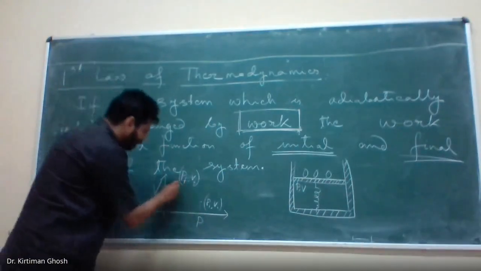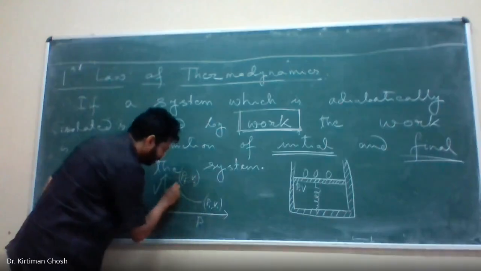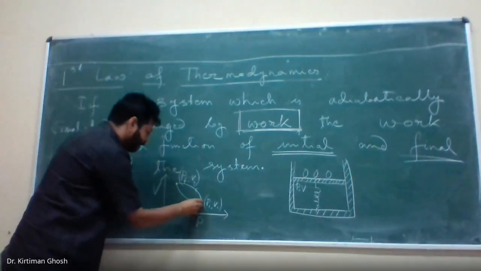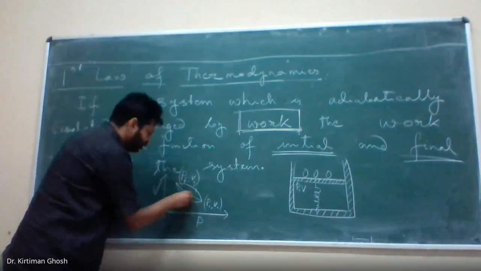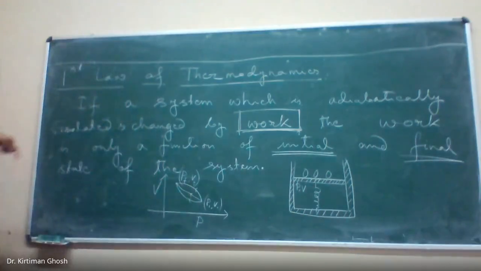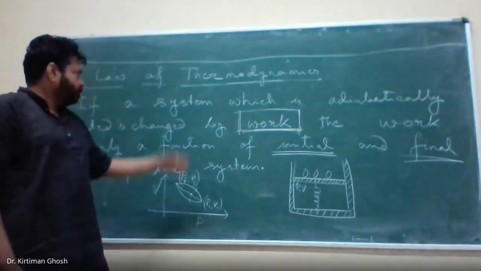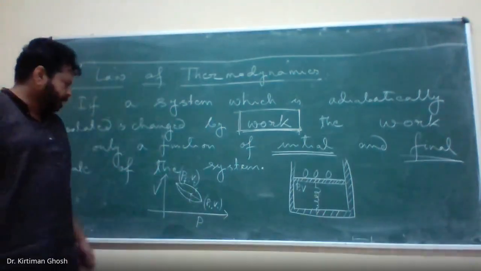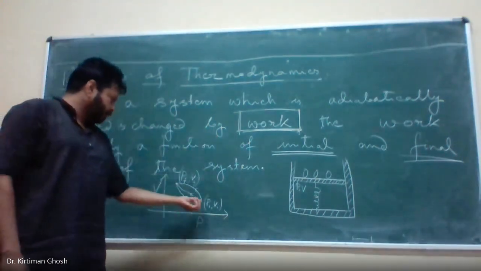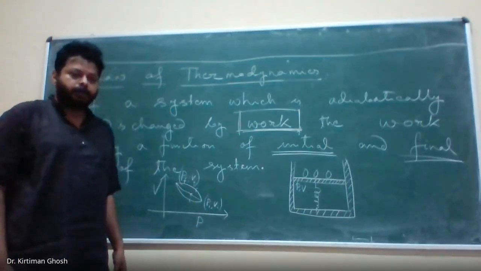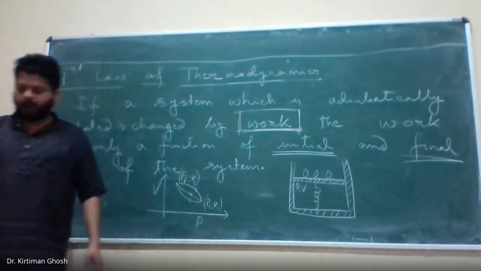What is the path? There are several paths. You can take the system from one particular initial state to a final state in several different ways. There are an infinite number of paths possible. But the first law of thermodynamics tells you that the work done will only depend on PI, VI and PF, VF. So this is the statement of the first law of thermodynamics.